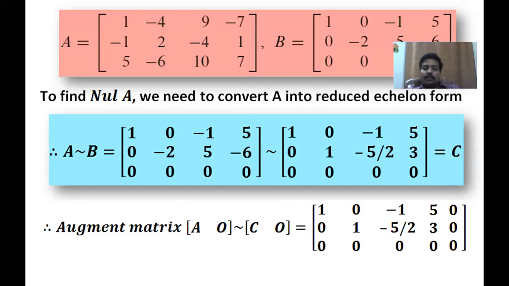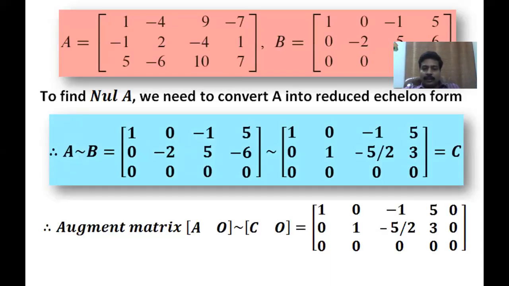So C is written here, and in the last column, all zeros are added to this C. So now this became the augmented matrix [C|O]. We need to solve this system. Equivalent equations are here. The first column is related to x1, the second column is related to x2, this is x3, and this is x4.